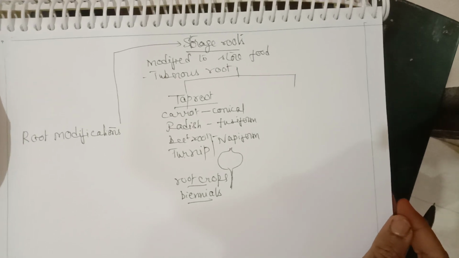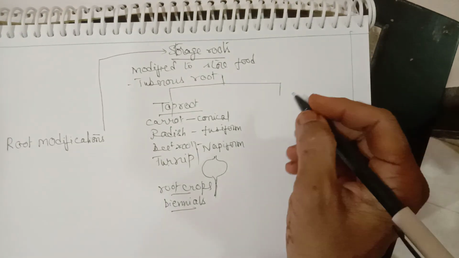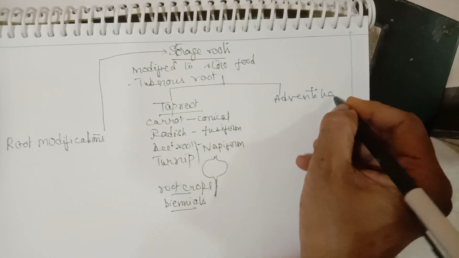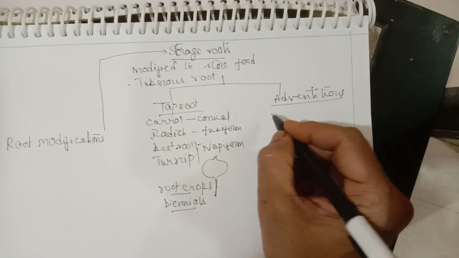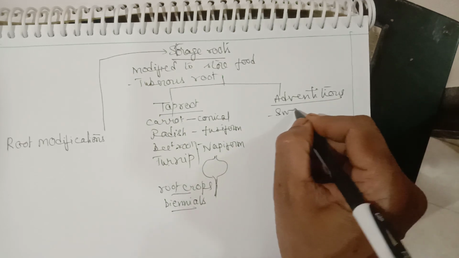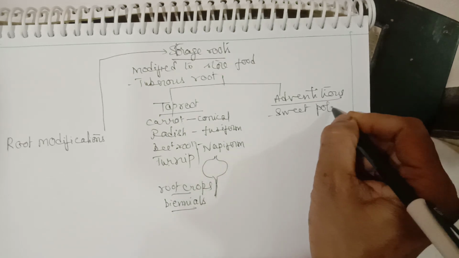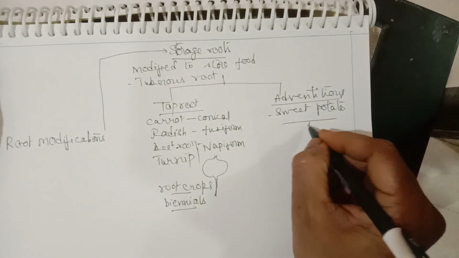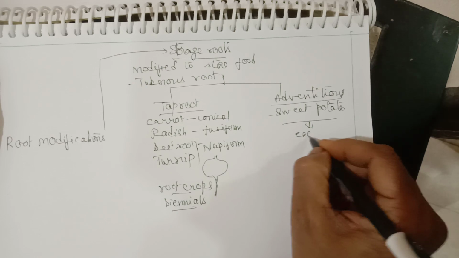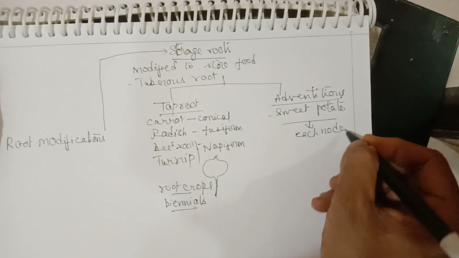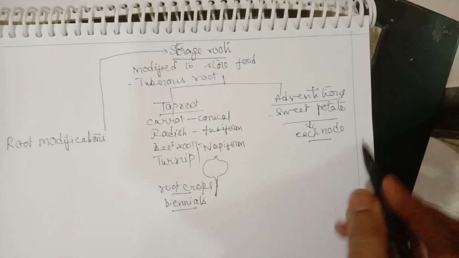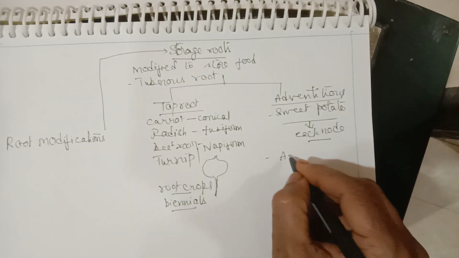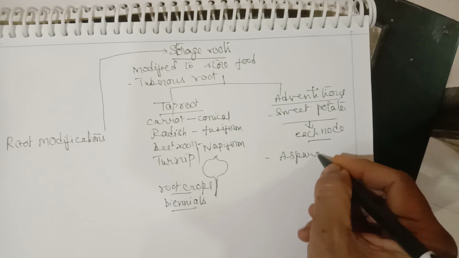Now let us see the adventitious roots which are modified for storage. For example, first one, sweet potato. Sweet potato is an adventitious root developing from each node. Here each node develops a root and then it becomes tuberous. Another example is asparagus.